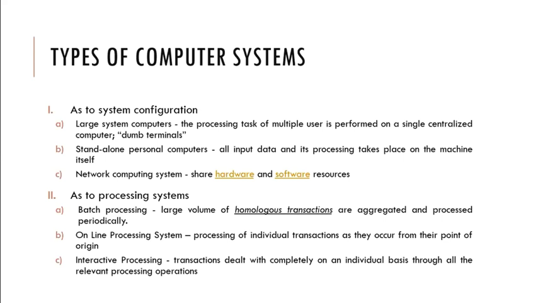Okay? And then we also have standalone personal computers. So we input data in that computer, and the processing also takes place on the machine itself. This is usually used by small business owners. For example, your business is a milk tea business. It is small, so you only use one computer. All the input of your data and the processing are done here.